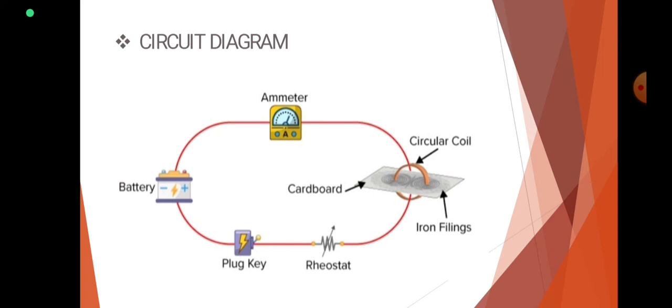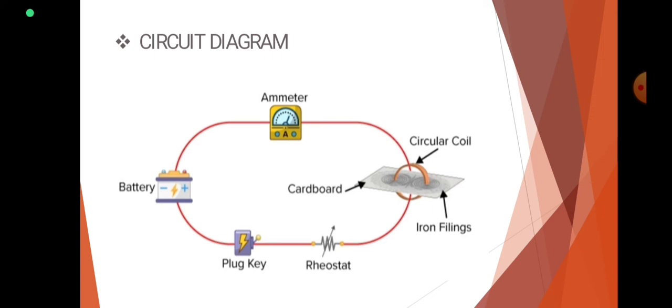As you can see, the experiment I talked about determines the presence of a magnetic field with a rheostat, plug key, battery, ammeter, and a circular coil fixed halfway on the cardboard.